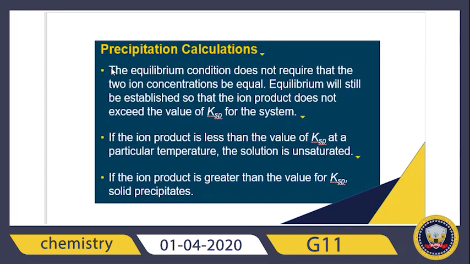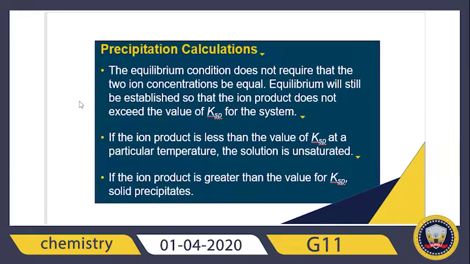So guys, the equilibrium condition doesn't require that the two ion concentrations be equal, the two ions that will be released from a certain compound. Equilibrium will still be established so that the ion product doesn't exceed the value of KSP for the system. What do I mean by this, guys? Suppose we have, let us take barium carbonate as an example.